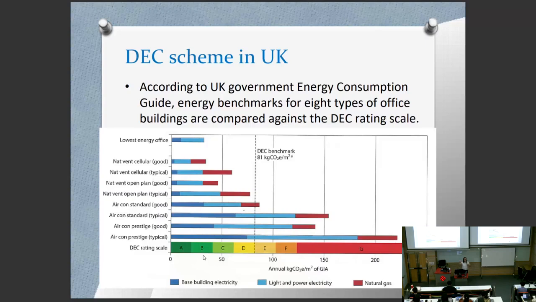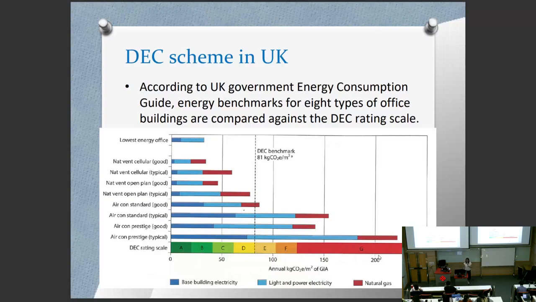So the main point of this diagram is to explain that it is very difficult to get a good rating according to this DEC scheme. Even for the lowest energy office, the rating will only be B, and you can get a better rating only if you rely on natural ventilation. When you use air conditioning, you will get E, F, or probably G rating.